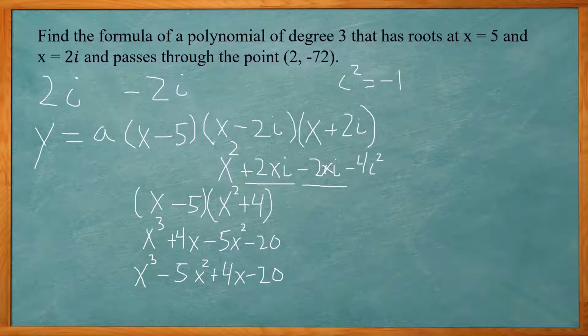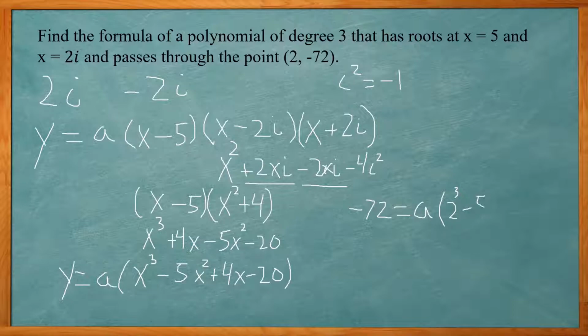Alright, so now I need to use the point to find our a value. So we got y is equal to a times our polynomial. Our point is (2, -72), so our y is -72. And then we're going to have 2 to the third power minus 5 times 2 to the second power plus 4 times 2 minus 20.